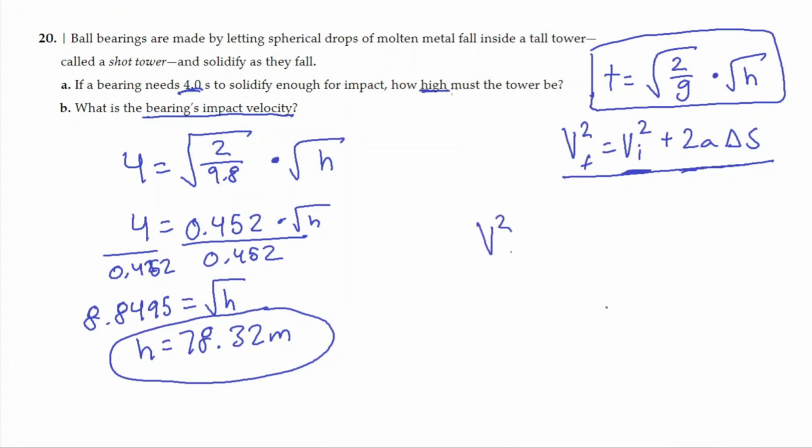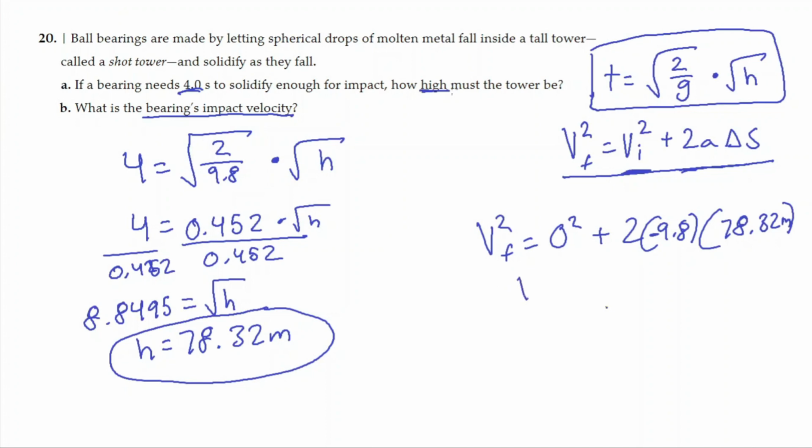So V final squared is equal to V initial squared, which is 0 squared, plus 2 times 9.8, our free fall acceleration, but it's negative 9.8 because it's in the downward direction, times delta S, which is 78.32 meters.